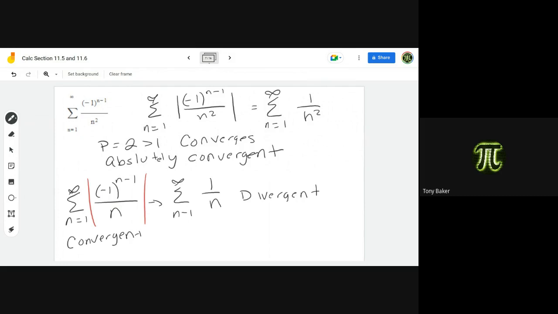It tells me that it could be conditionally convergent if some of the other ones do work. But you have to test those individually at that point. So if it becomes absolutely convergent, it's great. It helps me out a ton. It's going to solve a lot of other issues. If it comes out to be divergent, we have to try something else.